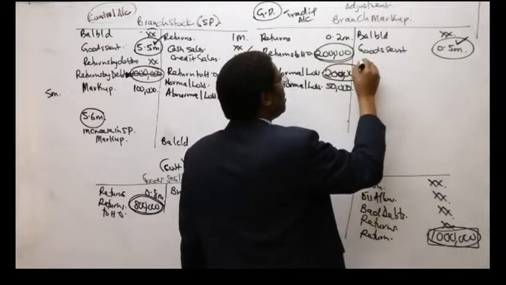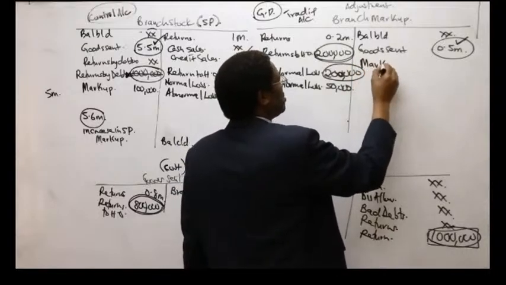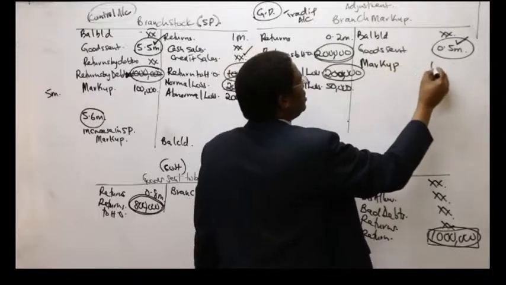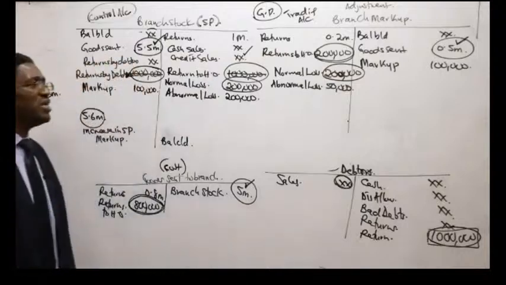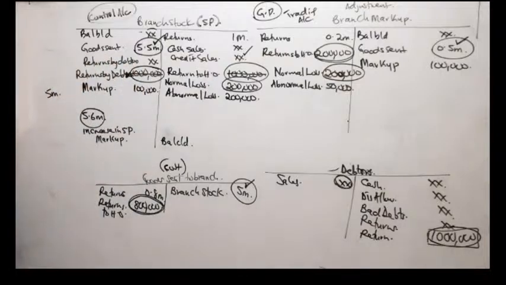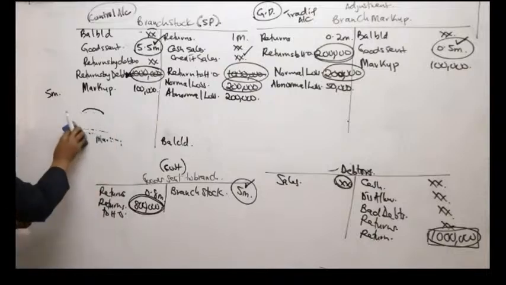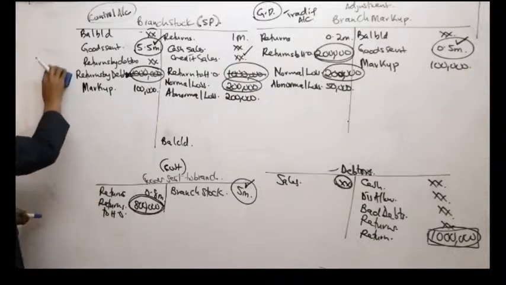So you come and say here markup, and the amount is 100,000. So that's the double entry when there is any markup in price, or when there is an increase in selling price.